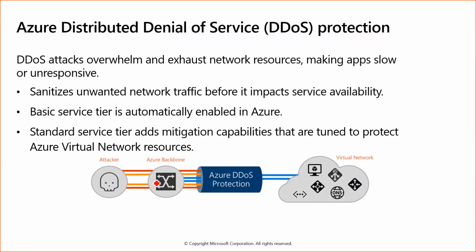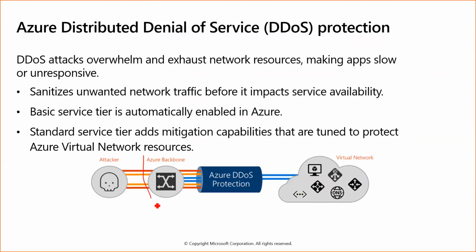Standard service tier adds mitigation capabilities that are tuned to protect Azure Virtual Network resources. So above the basic service, there is something called a standard tier. It adds mitigation capabilities that are used to protect the resources. Mitigation means it will try to avoid this situation. As in this diagram, you can see these are the attackers, and they are trying to access the resources available in your environment.